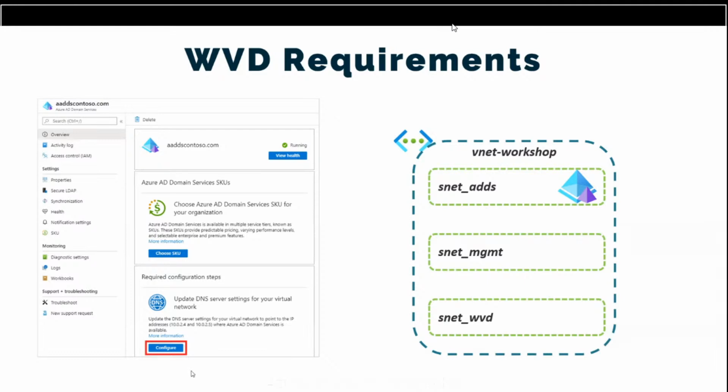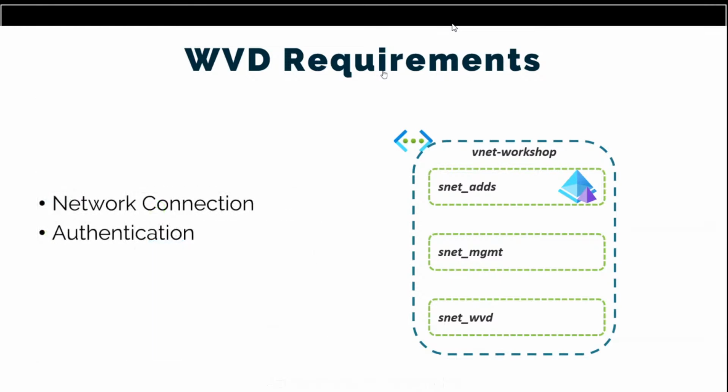So please, if you haven't done this before, go now to your Azure AD Domain Services and click this configure button, because it will help in deployments and will not cause any issues. You can do it now or later, because I will remind you one more time.